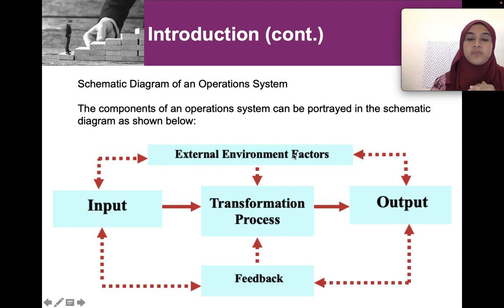So the external environment factors are uncontrollable and they will directly impact our output. That's why when there are changes in the external environment factors, the company needs to do some modification on the operational plan.